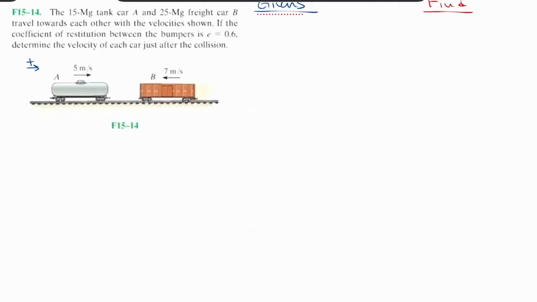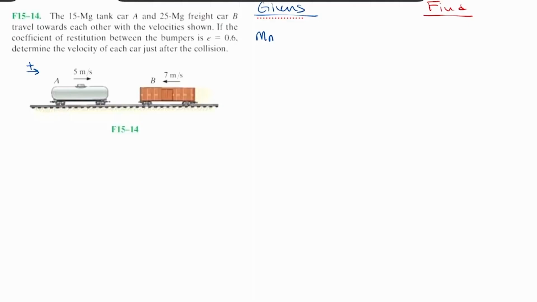All right, so let's write down the given. We have here the mass of the train car A, that's 15 million grams. So once again, if you convert, that is 15,000 kilograms. So make sure you work it in kilograms. We have the mass of the car B, that is 25,000 kilograms.